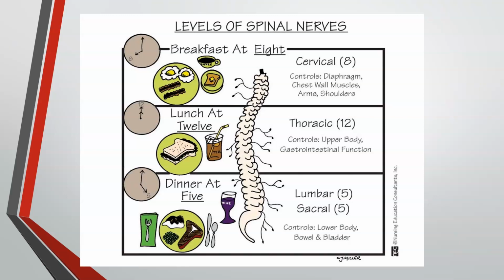This visual is actually for visual learners as well as combination learners. Visually, it helps you to remember how many nerves you have in each region of the spinal cord.